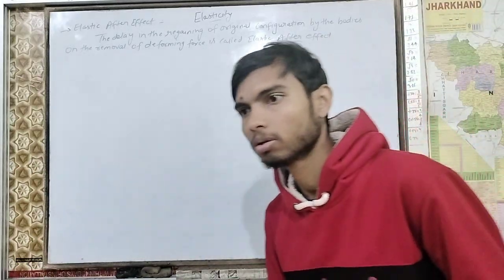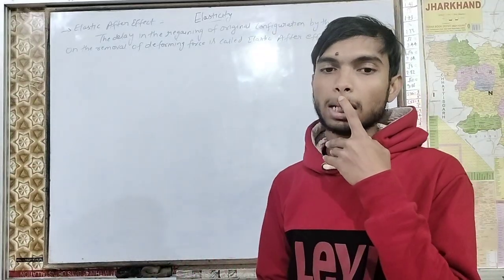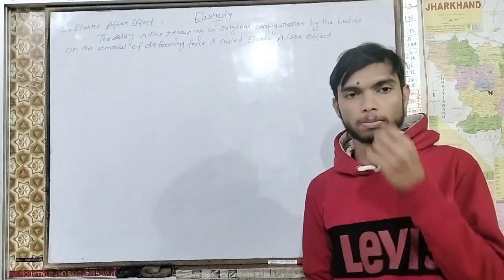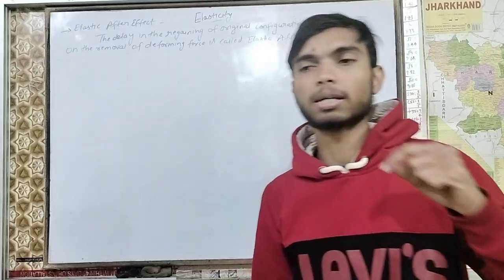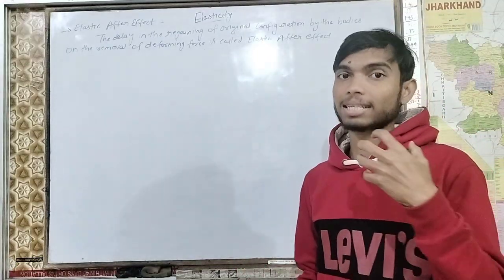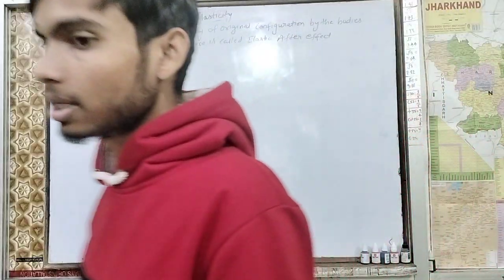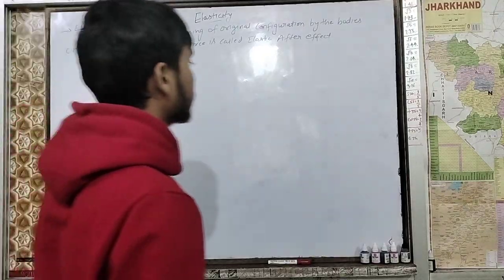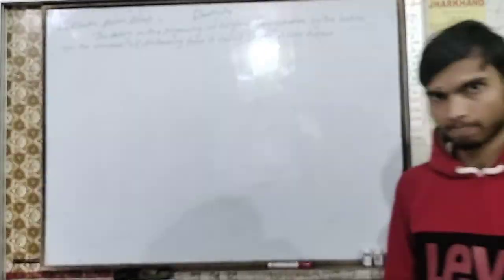But when it comes to a flexible object, I think it will take less time to regain its original state. So in that case, we can say a flexible object has a smaller elastic after effect. But when it comes to iron and glass, they have a larger elastic after effect, meaning they take more time to regain the original shape.